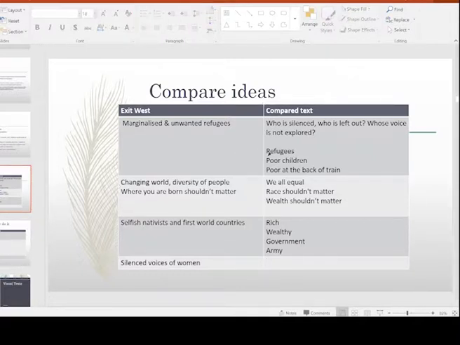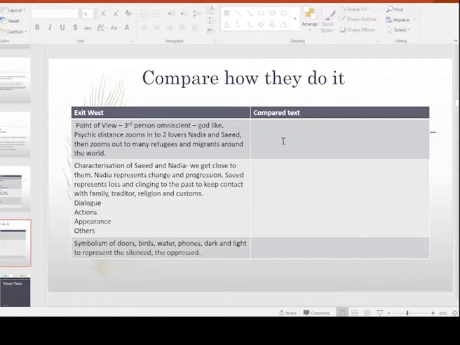So then compare how they do it. So these are the techniques of Exit West. Point of view is third person omniscient and godlike. It uses psychic distance that zooms into two lovers, Nadia and Saeed, and then zooms out to many refugees and migrants around the world. So how does the compared text convey it?